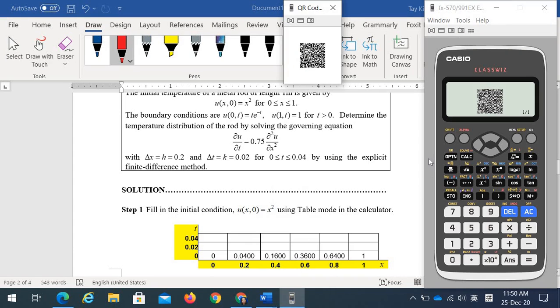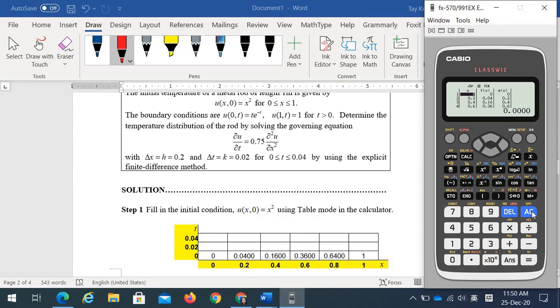So, as I said, you can tabulate. You can use table to tabulate quickly because your increment is consistent. If the increment is not consistent, then you normally calculate. If you calculate, you can also put in x.